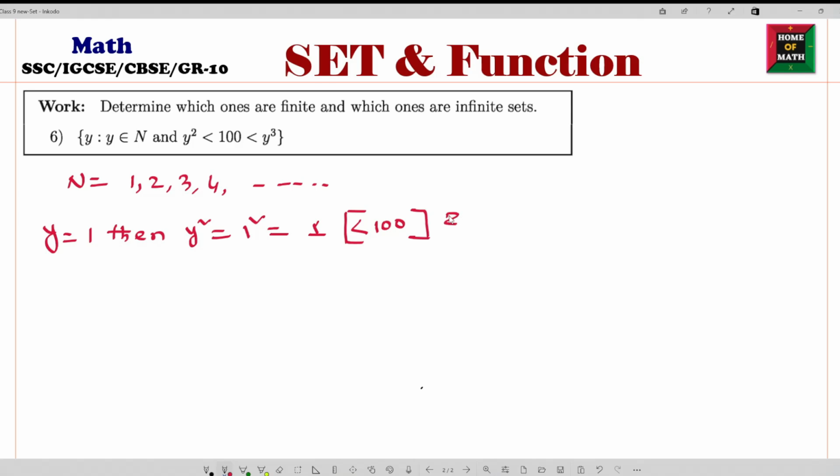And y cubed equals 1 cubed, which is 1, and it's also less than 100, so the condition is not fulfilled, not acceptable.